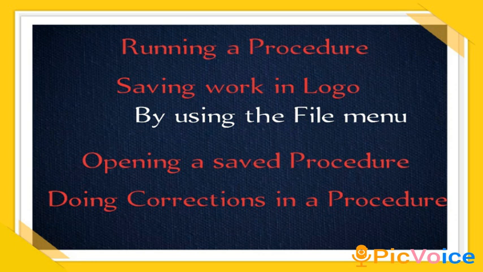Next is doing correction in a procedure. How can we make corrections in a procedure? If we want to make some changes or corrections in the procedure to draw a figure, we have to follow 3 steps.